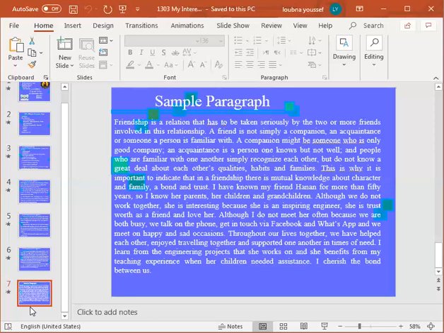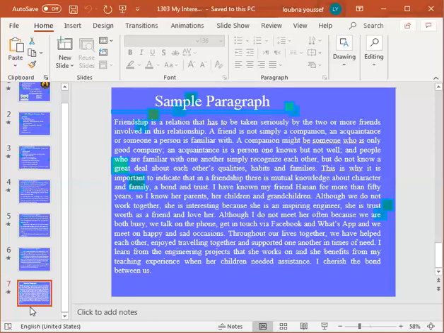The following sentence, sentence number 4. This is why it is important to indicate that in a friendship there is mutual knowledge about character and family, a bond and trust. Okay, so this writer is going to discuss mutual knowledge. So you have to know about one another.